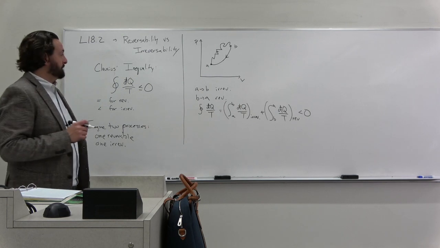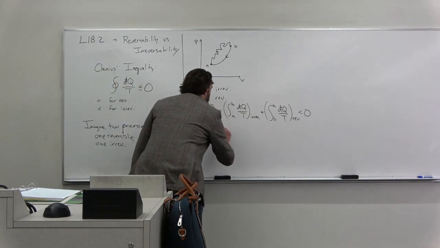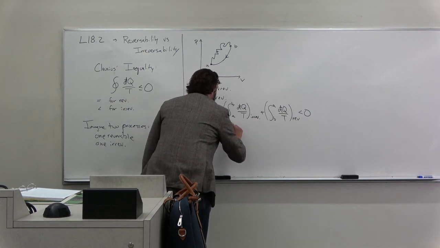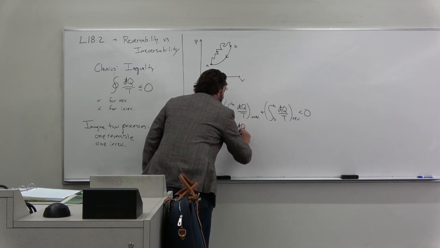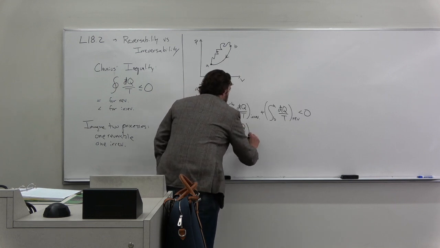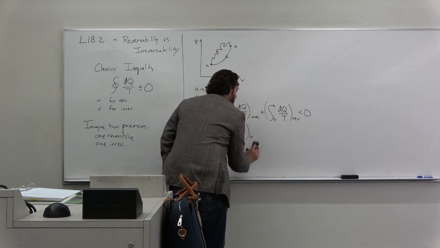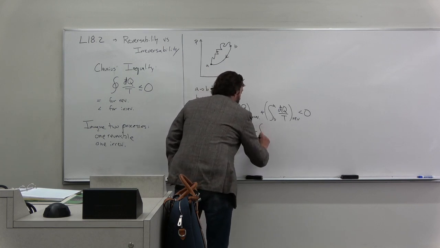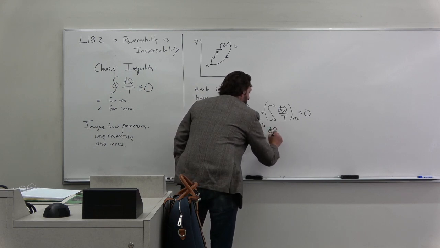Okay, so we can flip the sign of this and imagine it going the opposite path. So let's call this the integral from A to B of dq over T along the irreversible path plus minus the integral from A to B along the reversible path.